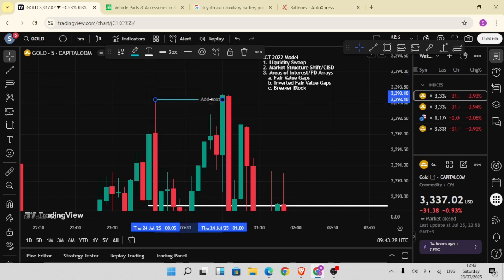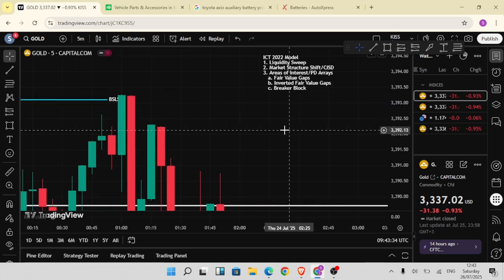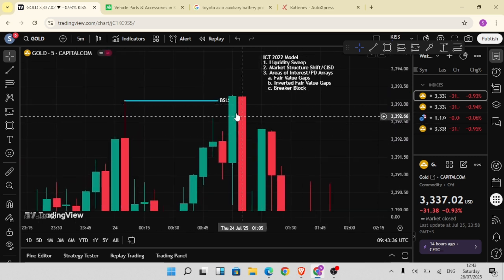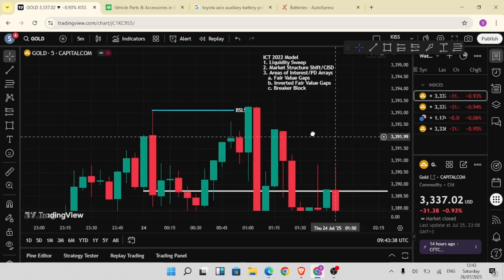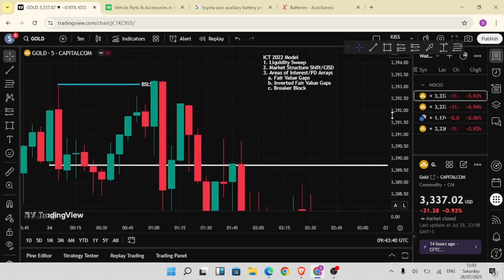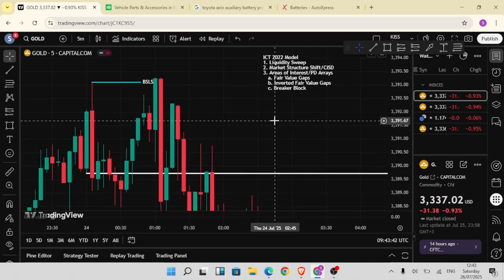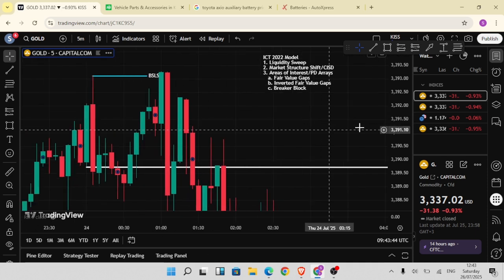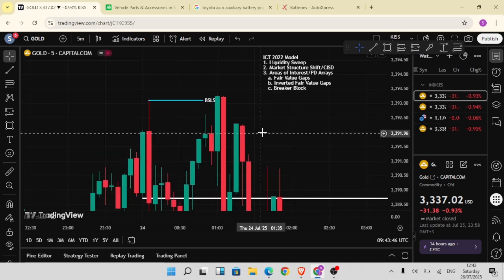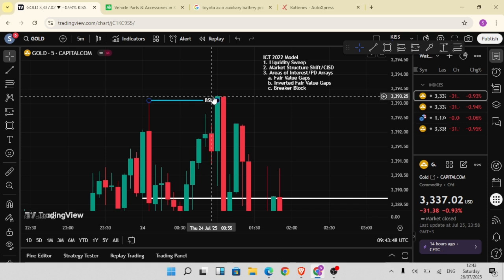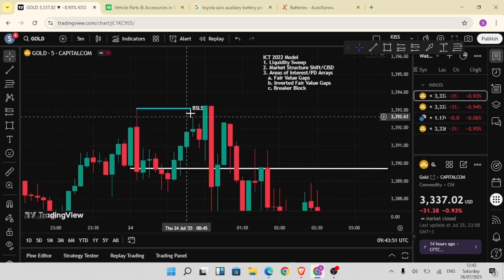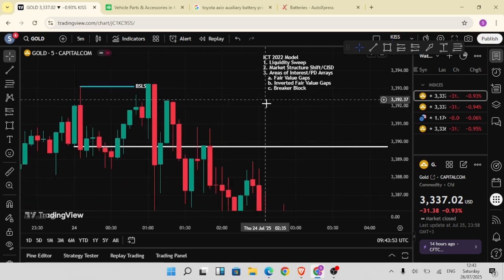Now, as we have this impulsive move to the upside, we know very much likely price is forming the high of that day, and as a result we are only going to look for sells. So the first thing we look for is buy side liquidity sweep, and that has happened right there.